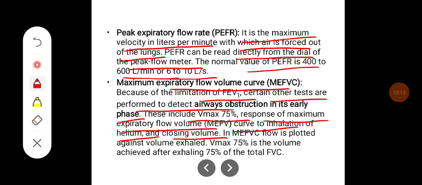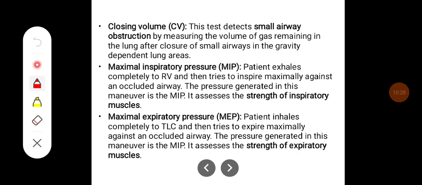In the MEFVC, flow is plotted against volume exhaled. Vmax 75 is the flow achieved after exhaling 75% of the total FVC. Closing volume test detects the small airway obstruction by measuring the volume of gas remaining in the lung after closure of small airways in the gravity-dependent lung areas.